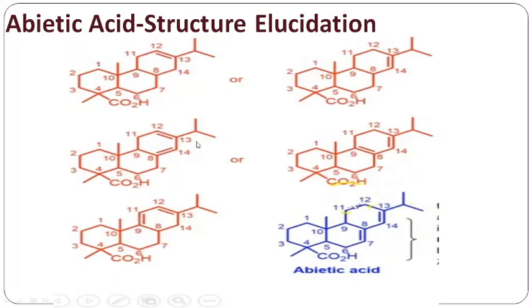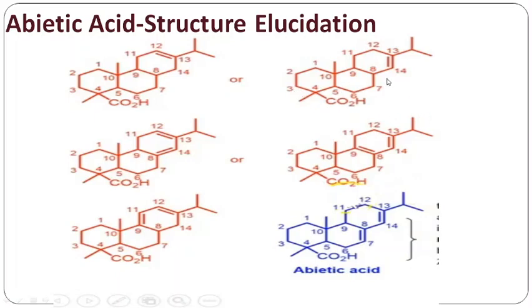In both possibilities there is a formation of a homoannular diene. This cancels these structures of abietic acid.